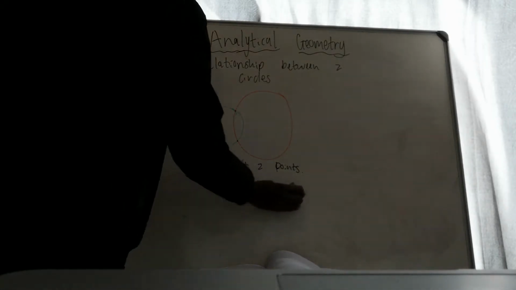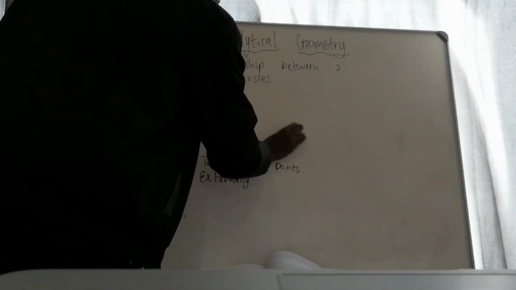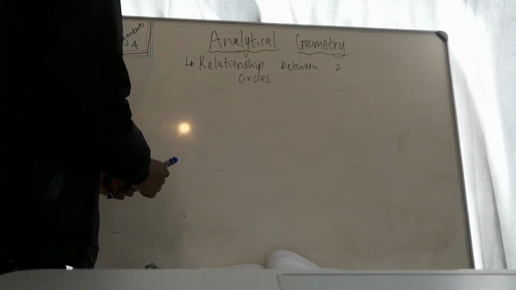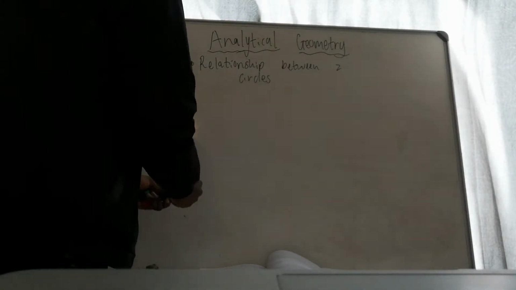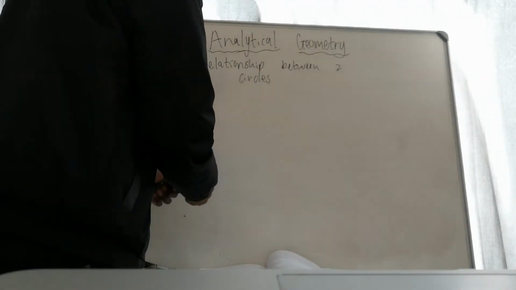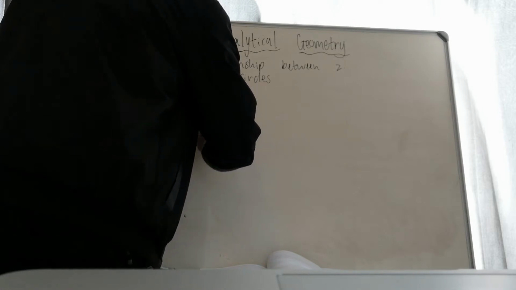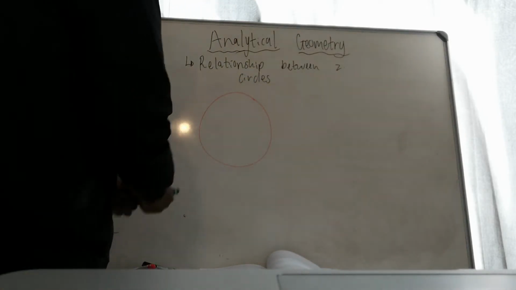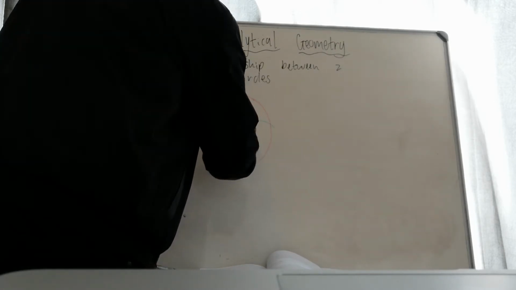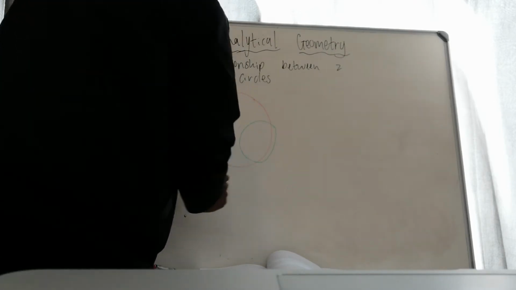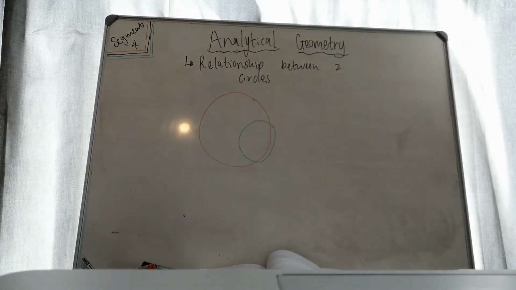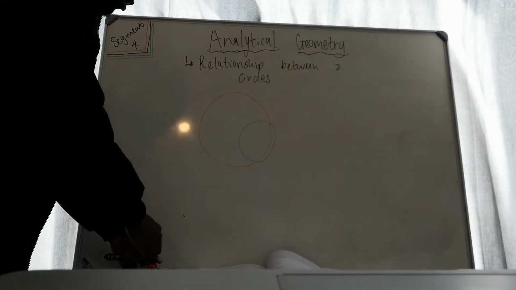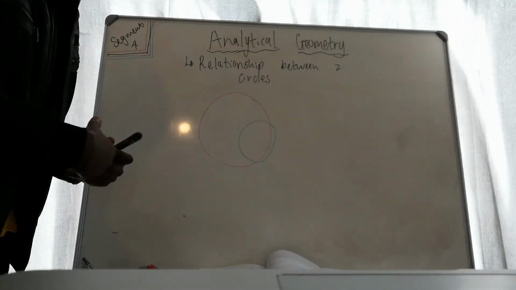Now if I give you another set of circles, the red and the green, you see that whatever I was describing in my previous example, this one looks totally different.